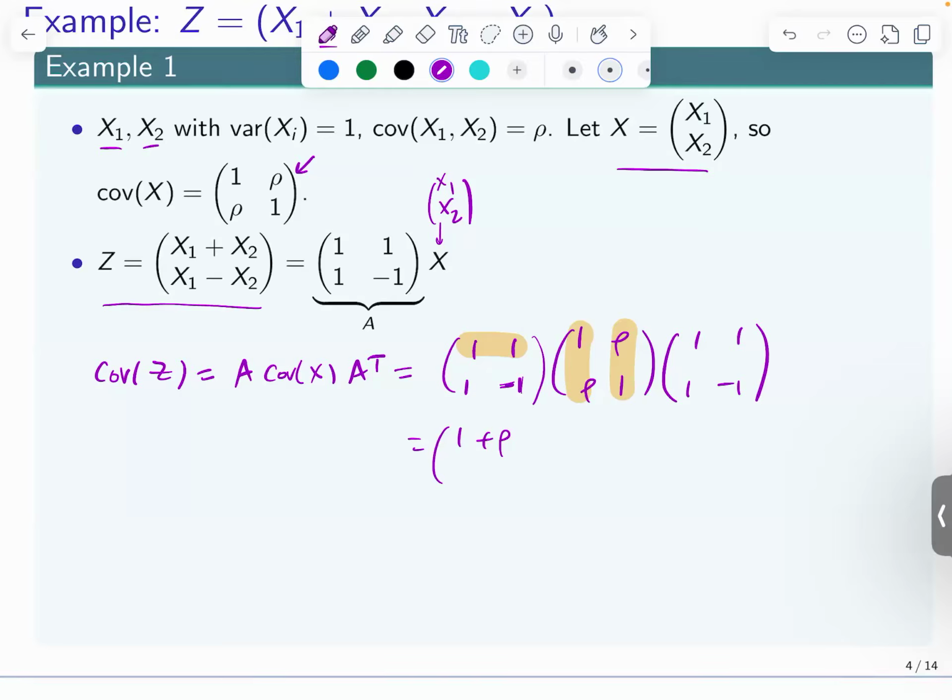So they're both 1 plus rho. And the second row will be written as rho minus 1, row minus one. Okay, and then this will do.